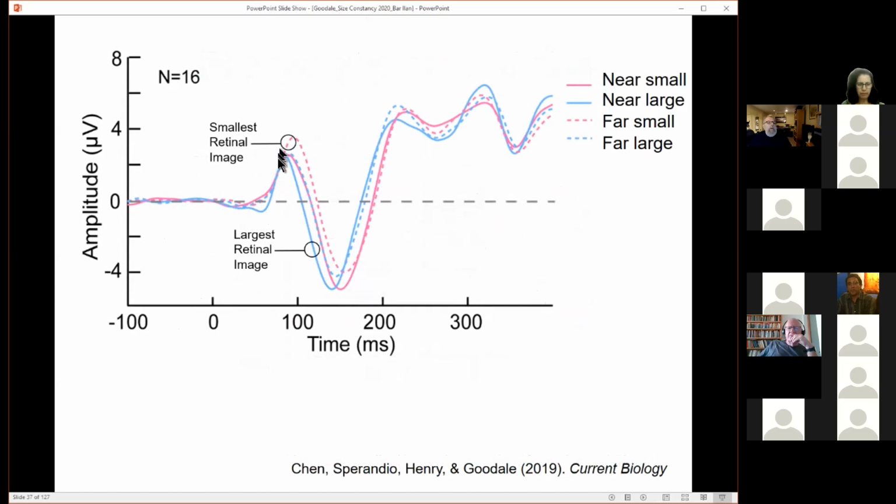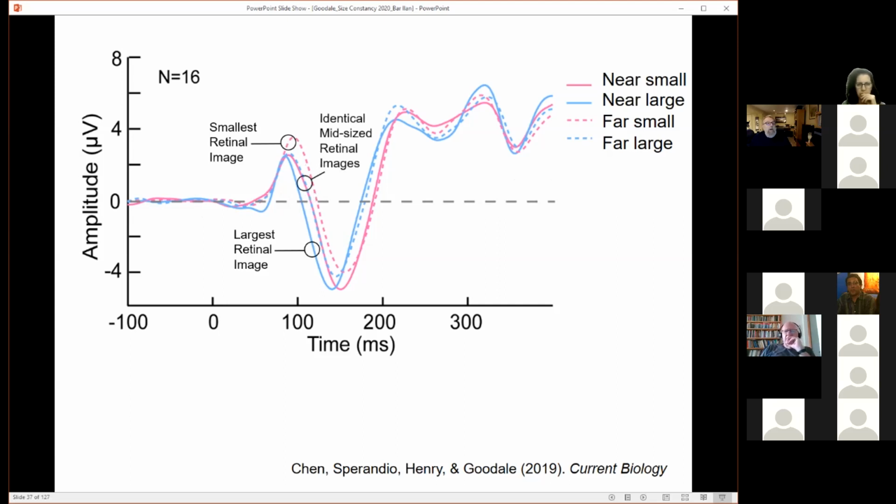that early on, there is a separation between the smallest retinal image, which is the far small stimulus, and the largest retinal image, which is the near large stimulus. And the ones that share the same retinal image size, that is the far large and the near small, overlap.